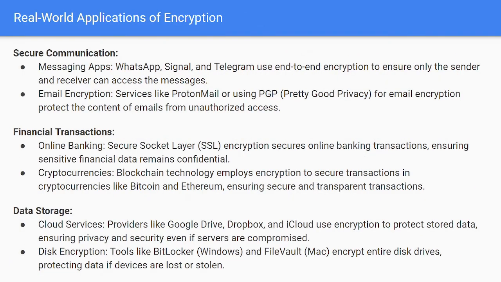Now, real world applications of encryption. For secure communication, we have messaging apps like WhatsApp, Zenda, Signal, and Telegram. They use end-to-end encryption to ensure that only the sender and the receiver can access the messages.